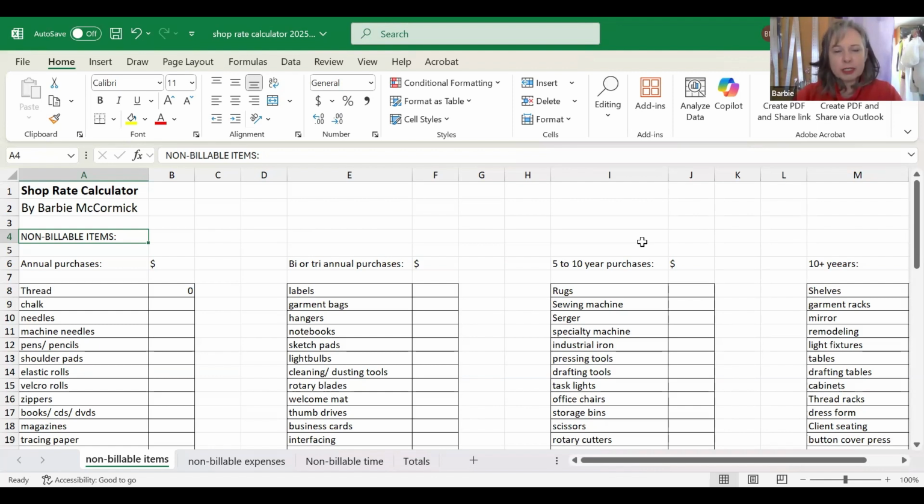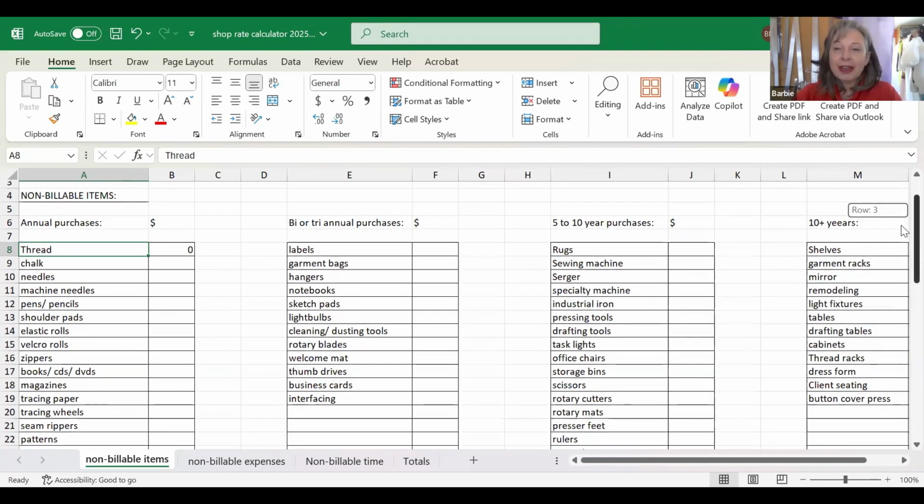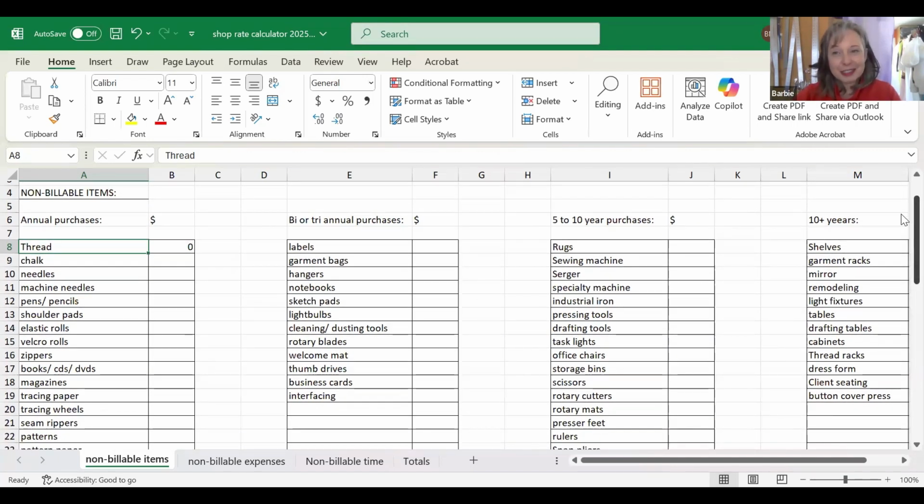But for alterations, things like thread, chalk, pins, I don't separately bill that client for the amount of thread I use to hem their pants or the swipe of chalk that I use to mark a hem. So it's quite impractical to bill those kinds of things directly to a client. But they are items that cost money and they are tax deductible and they are part of your overhead.